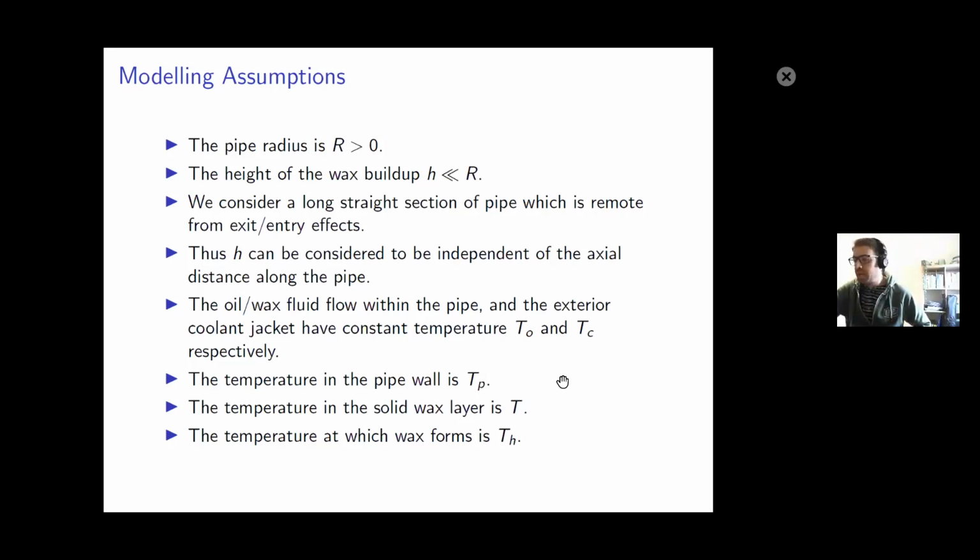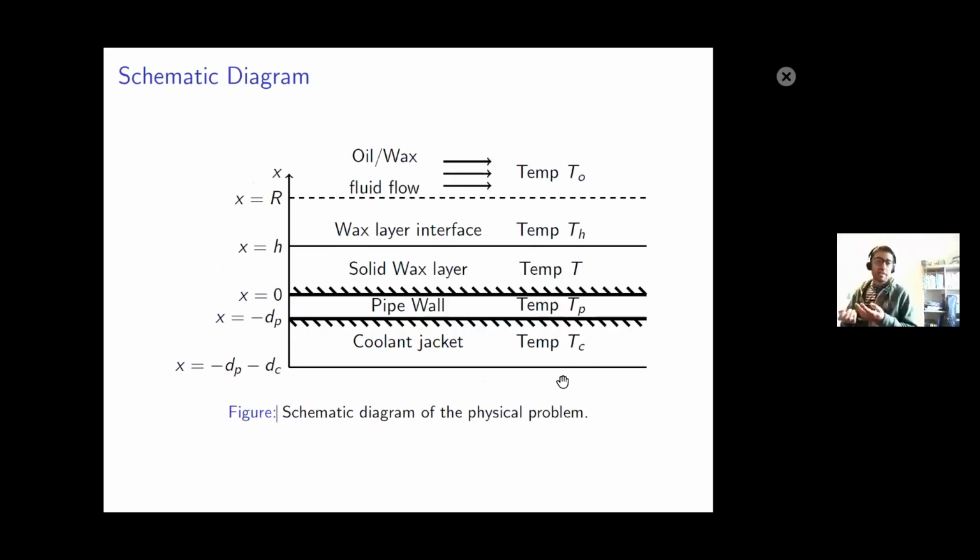Now, these are just bullet points. A schematic diagram of the problem is perhaps more helpful. So if we consider the x-axis to be a line pointing from the wall of the pipe into the middle of the pipe, this x-axis is a line in the cross-section of the pipe.